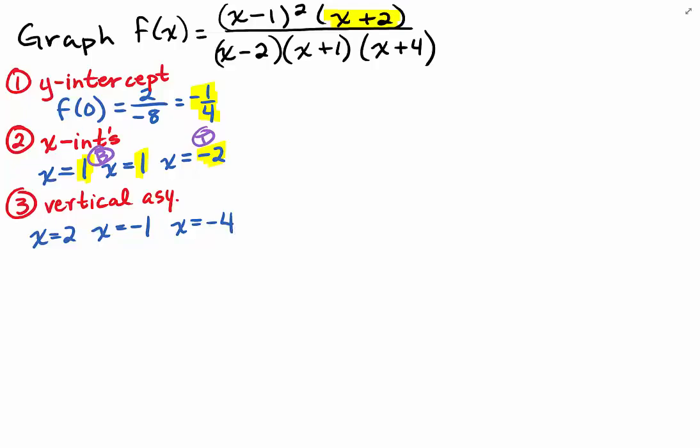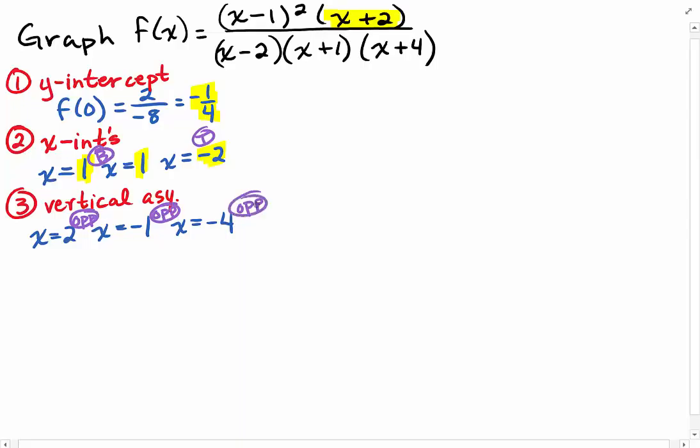If the multiplicity is odd, which is the case for each of these vertical asymptotes, then we know that the behavior of the graph near that asymptote is going to go to positive infinity on one side and negative infinity on the other. And so we call those kinds of asymptotes opposite asymptotes. The graph's going to go up one side and down the other.